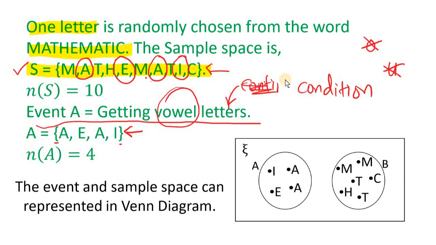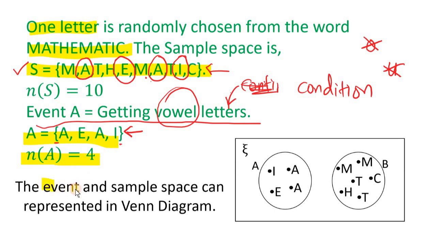So now I count, I have 1, 2, 3, 4. I have 4 different letters in the events A. So means number of events will be 4. The number of events will be 4.